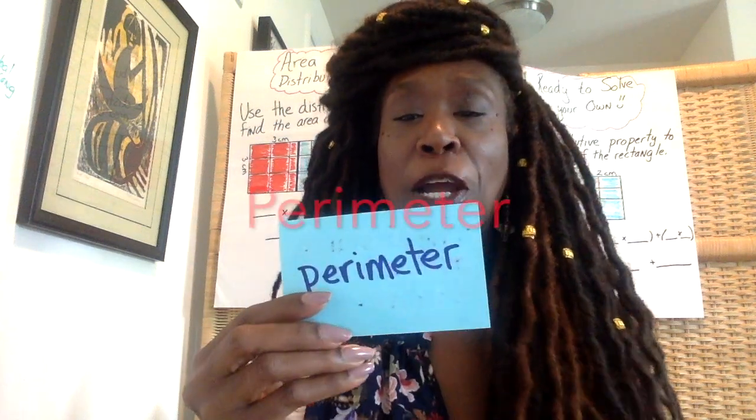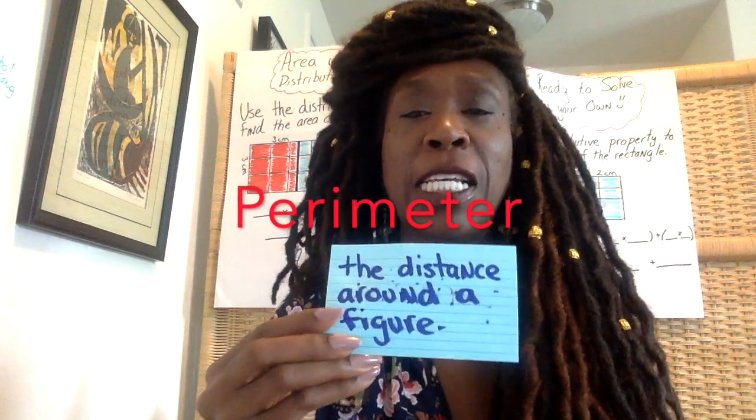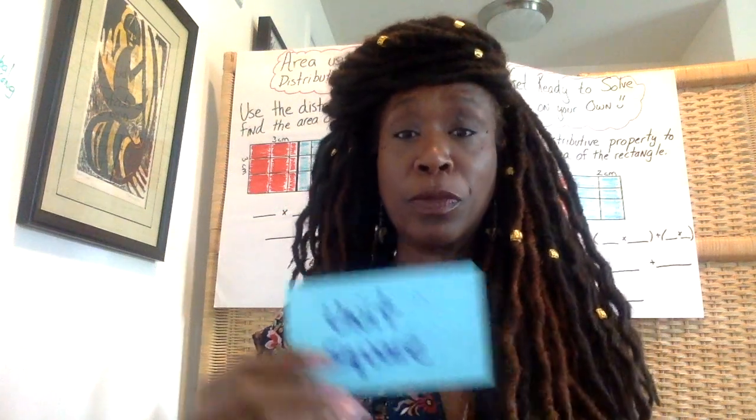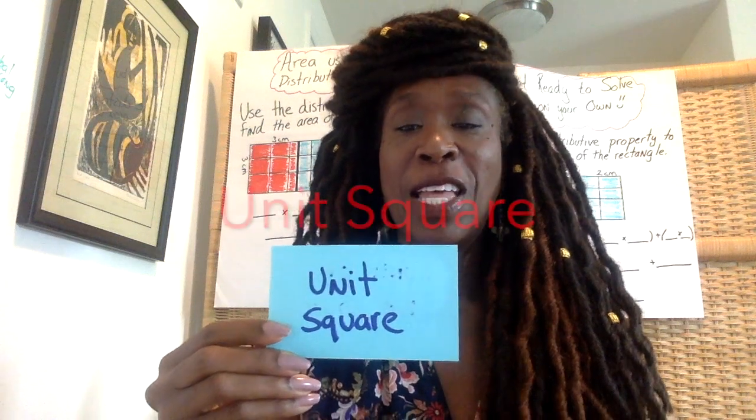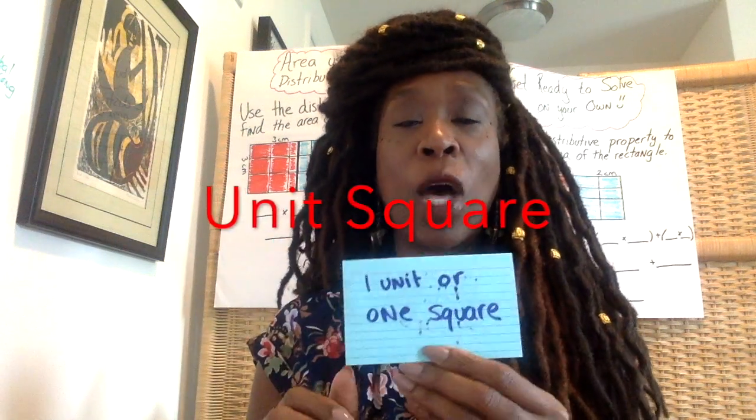Let's go over our vocabulary words of the week, some of the words we learned last week, and then I'm going to add 2 new words. Perimeter, the distance around a figure. Unit square, 1 unit or 1 square.